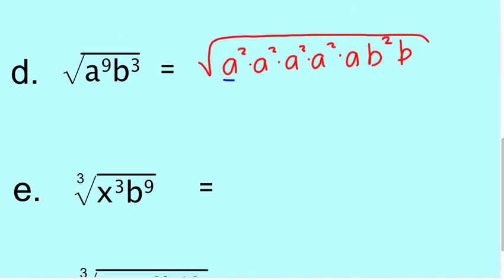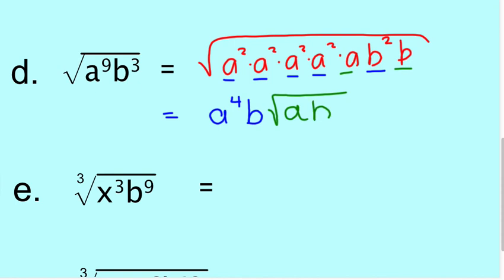All right, so this a and b come out. So you have a to the 4th and a b. And then what's your leftover? This a and b. Hopefully these are going a little bit faster here for you.